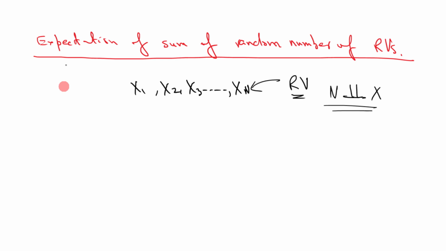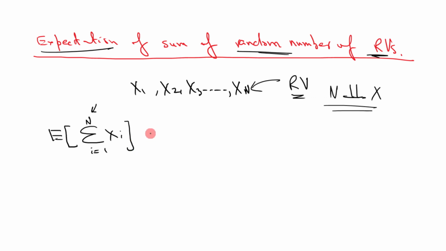So our problem is we have to find the expectation of sum of random number of random variables xi. So here this n is a random variable and here xi are random variables which are independent and identically distributed.